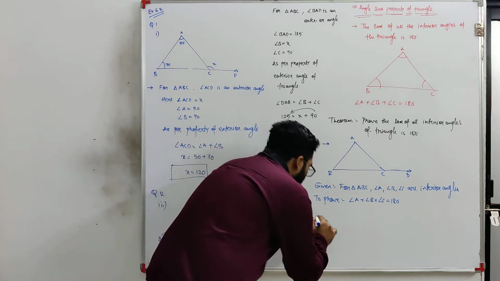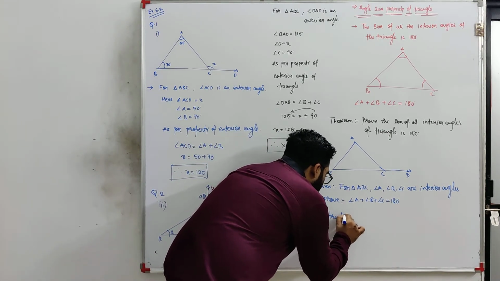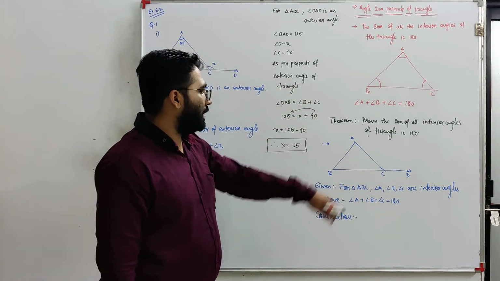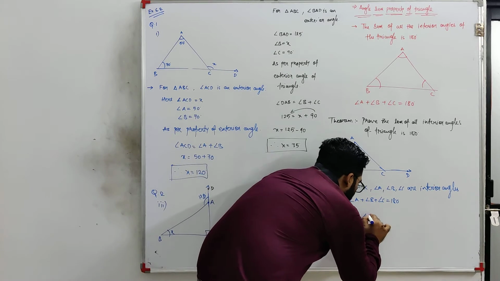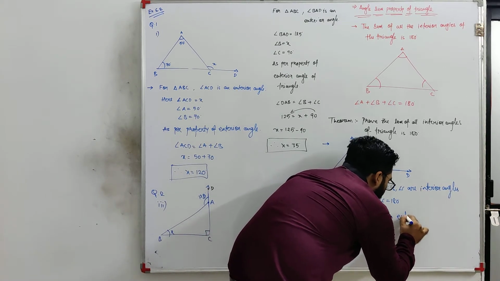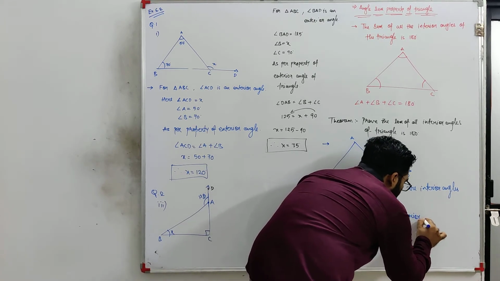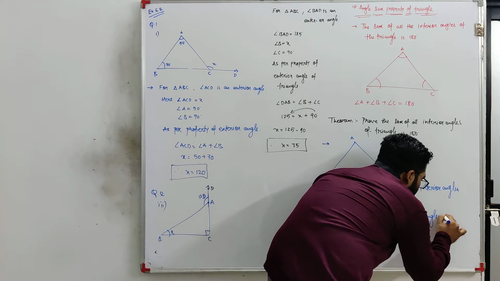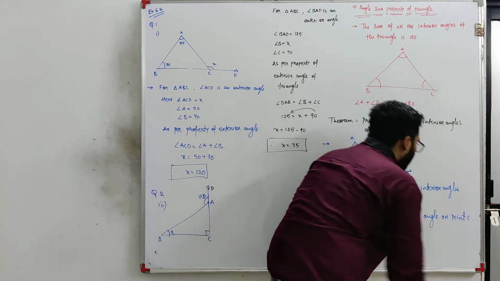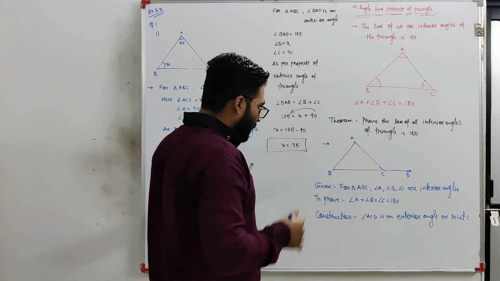Now, construction. What is the construction? We can say it is the things that we draw to prove such a theorem or such a condition. So here I am taking angle ACD as an exterior angle at point C. Now I am applying the property.